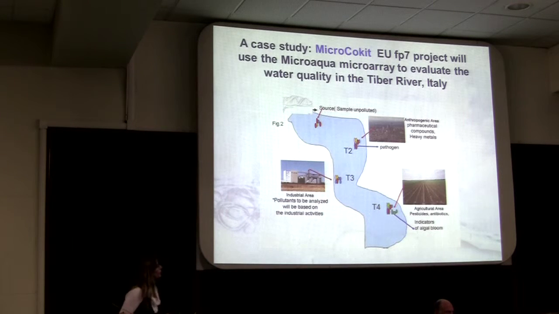And I will introduce you to a last case study, which involves another European project, MicroCockit. This project used the microarray to evaluate the presence of the targets we have on the microarray. And then they collect some samples from different sites. They send us the RNA they extracted, and we did the microarray analysis.